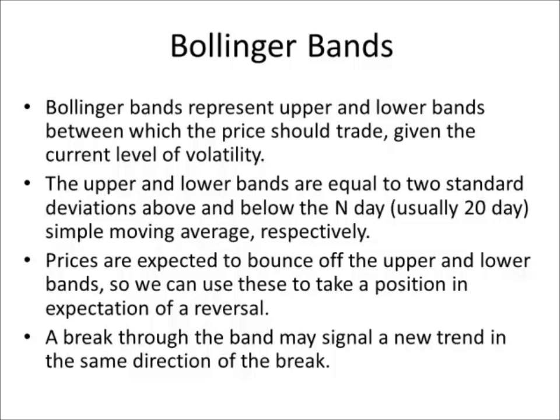So the first place is really down here. If you look at my screen, it's just past October, where this little hand is. Over here, this is where it hits the bottom of the band, and then it promptly rises back up. So you can see here it's bouncing off the band, and likewise over here it bounces off the band. It slightly breaks it, but comes back down fairly quickly.